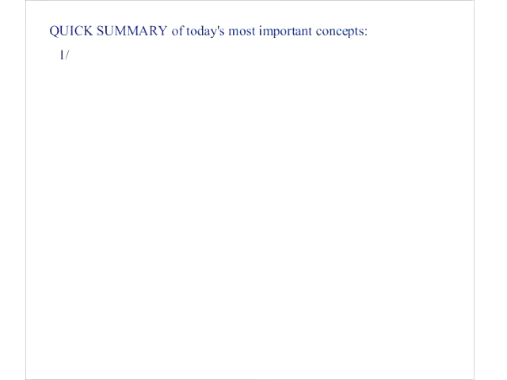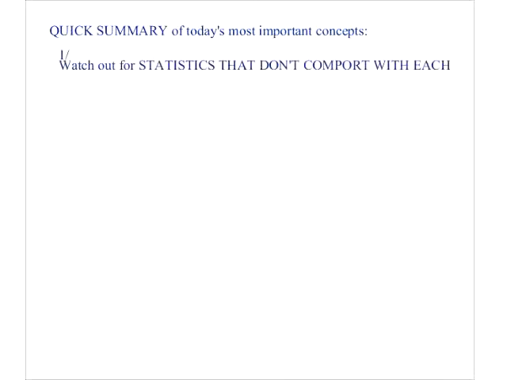Number one, make sure you watch out for statistics that don't comport with each other. For instance, a big example is percentages or proportions or ratios versus absolute numbers.